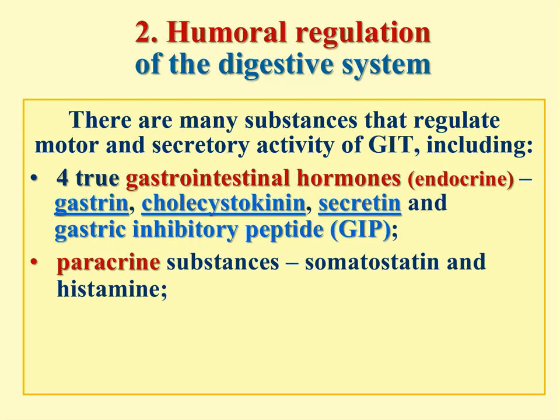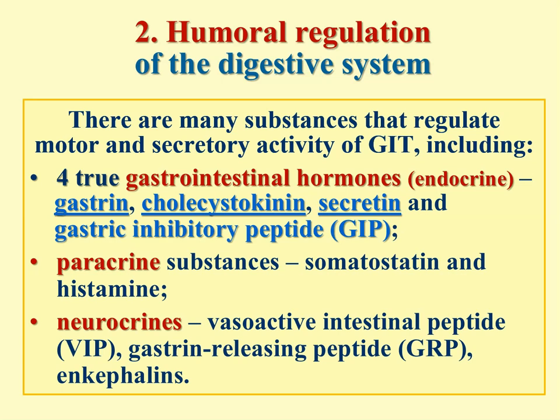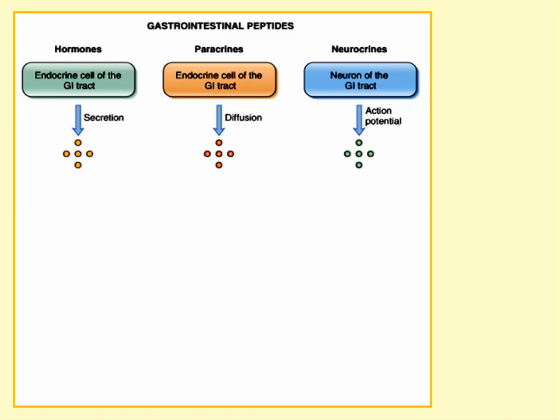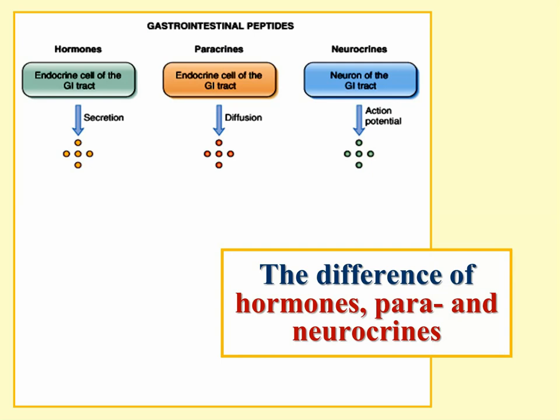Then there are a number of paracrine substances, among which most often mentioned are somatostatin and histamine. And there are neurocrines: vasoactive intestinal peptide, gastrin-releasing peptide, and enkephalins. First, let's consider the difference between hormones, paracrine and neurocrine substances.